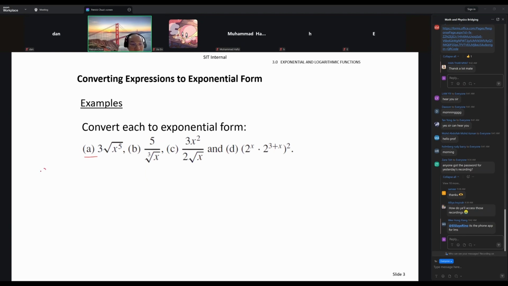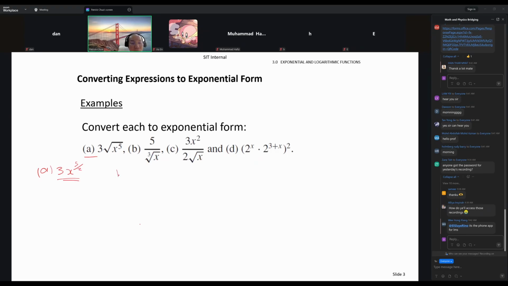Applying what we just learned, that would be equal to 3, the constant remains as it is, and x to the power of 5 over 2. That's the answer. That becomes exponential form because in x to the power of 5 over 2, 5 over 2 is the exponent.